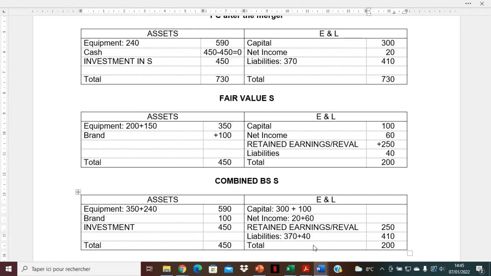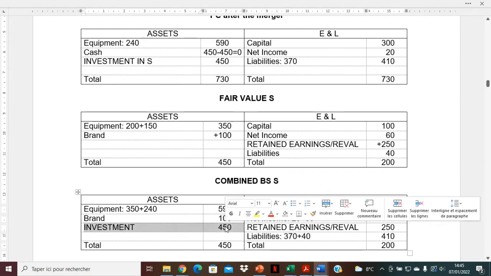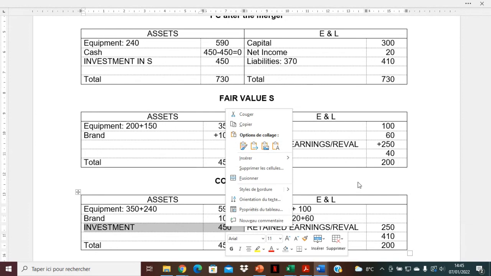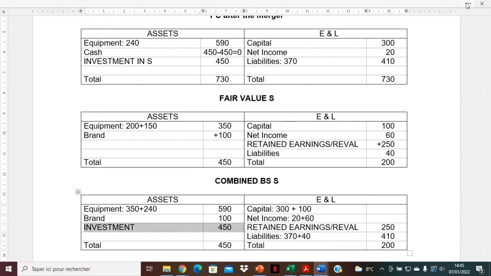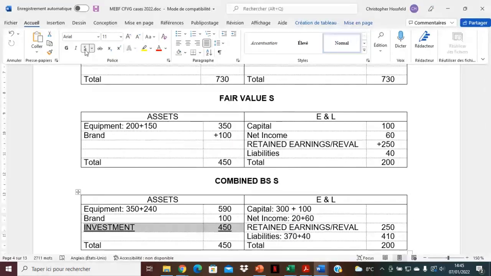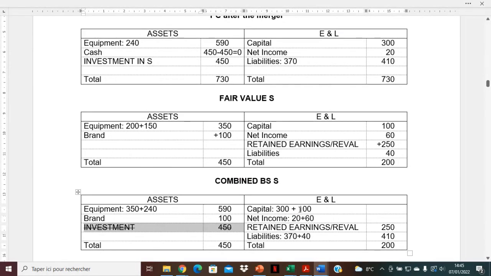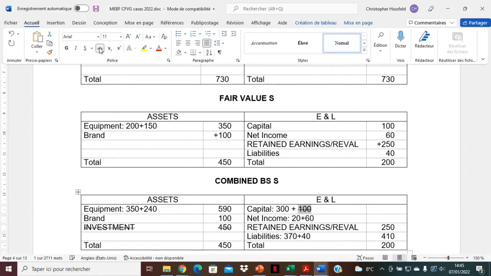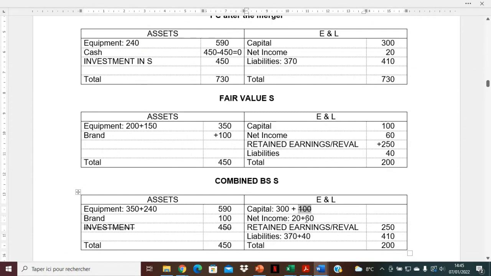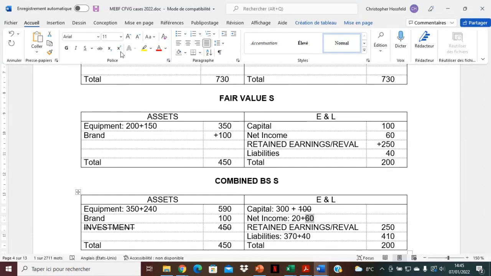Okay, and now I need to eliminate what's internal. So as always, I will eliminate the investment, which is 450. I will delete capital at the date of acquisition, 100. I will delete the net income because it's a purchase profit at the date of acquisition.